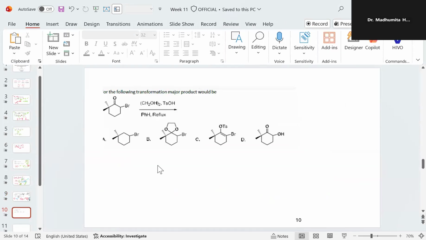The next question is the reaction of this starting material. This is the diol, which is CH2OH. This is alcohol. We have this tosyl group.